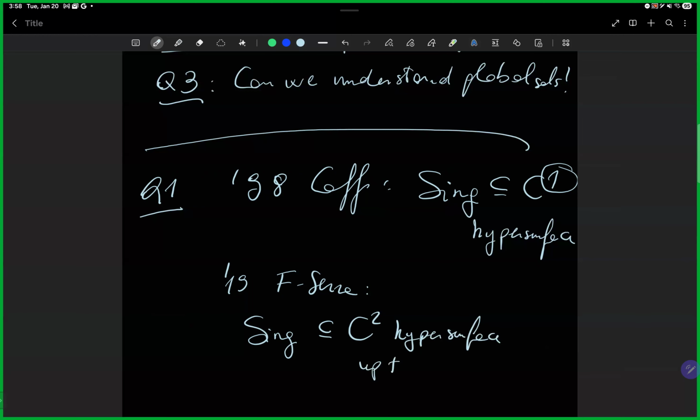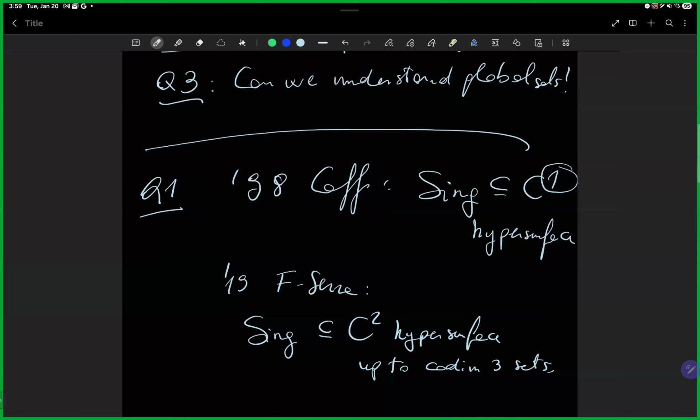What we realized back in 2019 is that if you want to prove regularity of the singular set, you cannot just hope to prove a regularity theory like for regular points, where if you're C^1, you're C^2. You can try to bootstrap regularity, but eventually you have to give up on some very bad sets where higher order regularity just fails.